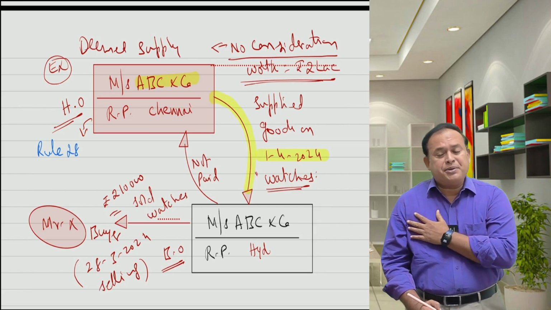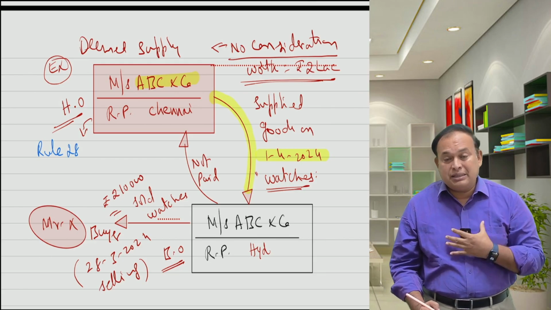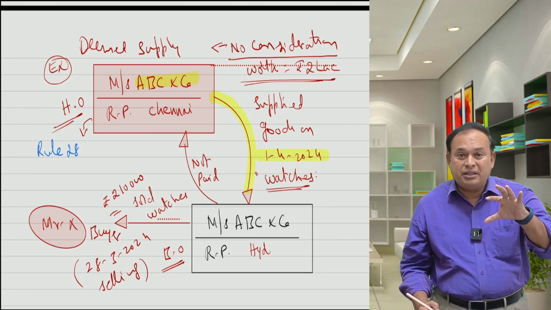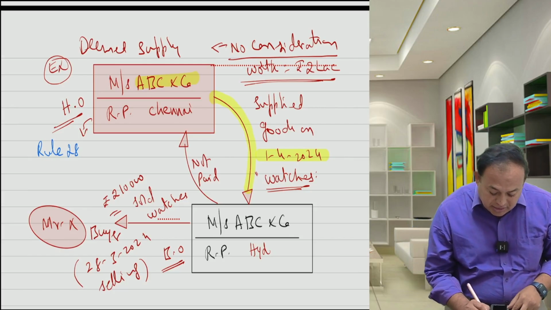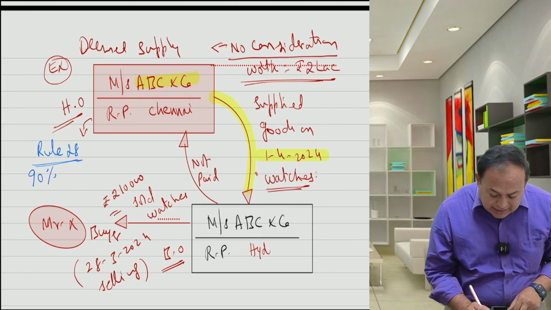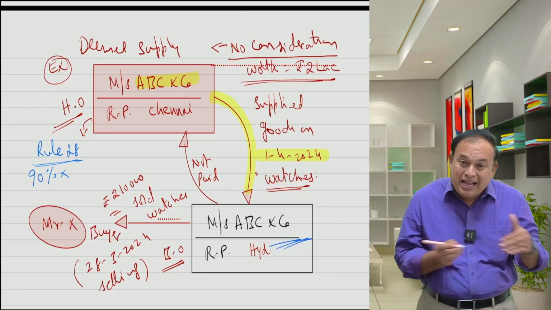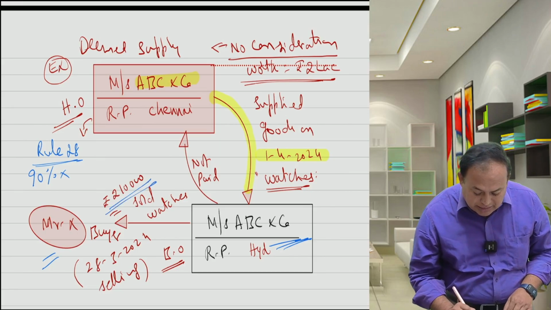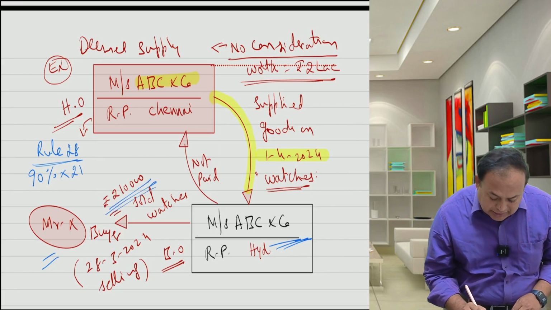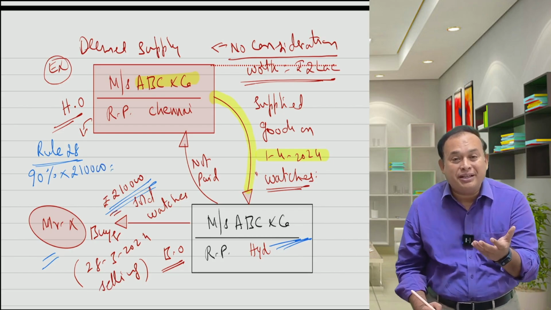Otherwise, at the option of the supplier, ABC Company Chennai, here it is an option, take the first proviso to rule number 28, which says 90% of the price at which the recipient supplied as such to their customers. At what price? 2,10,000. 90% of 2,10,000 is equal to how much?